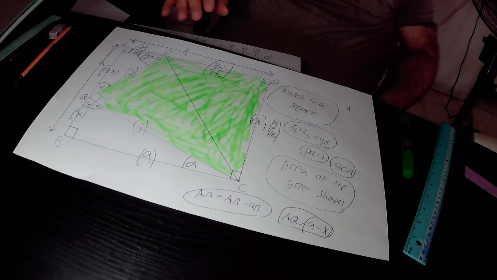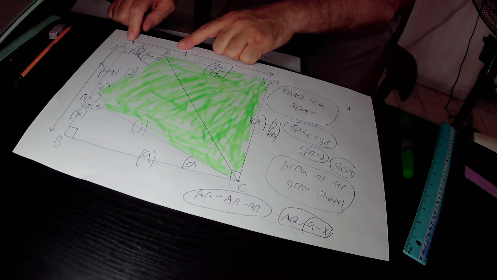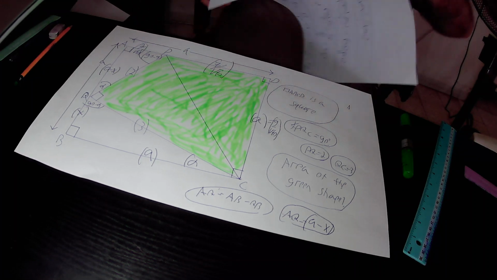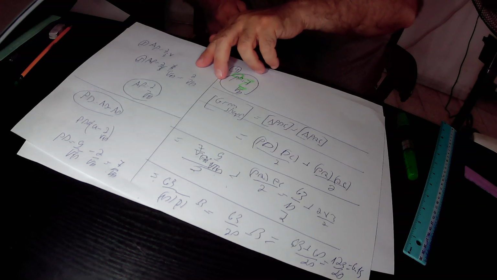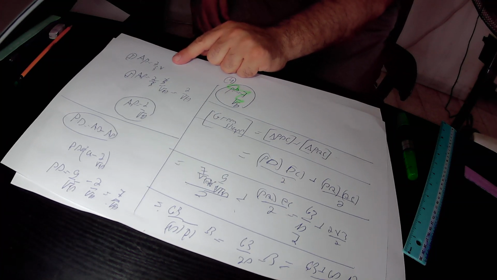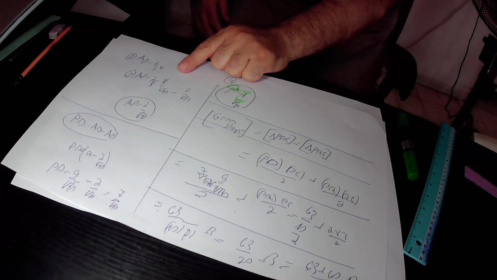The only thing that is left to find out is the length of this missing line segment AP. According to equation 1, we found out that AP equals 2/3 X. So AP equals 2/3 times X, and X is 3 over square root of 10.